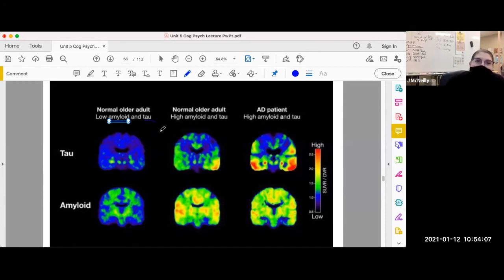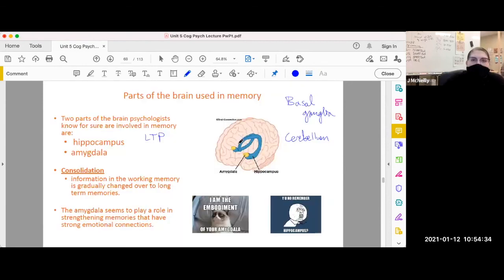So as they get to higher levels on the spectrum, that's when you start seeing symptoms of Alzheimer's disease. And so this can be a predecessor, a marker for whether or not someone is at risk for Alzheimer's disease, by getting these PET scans and measuring the activity in the brain. Are we good so far? All right, we're getting there, y'all.